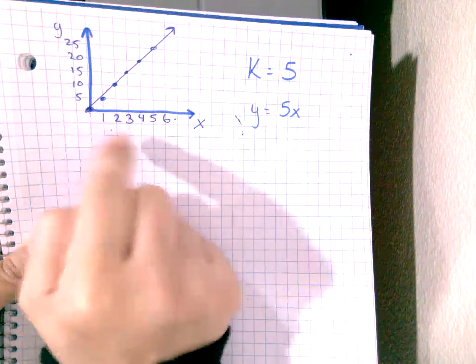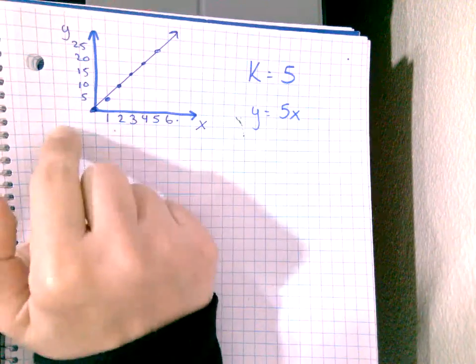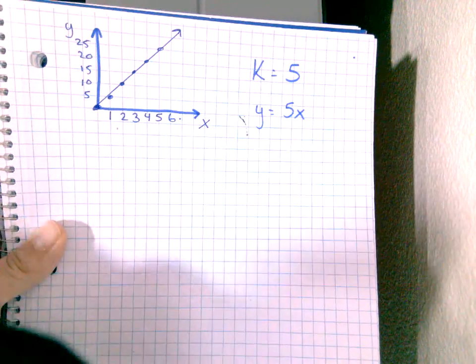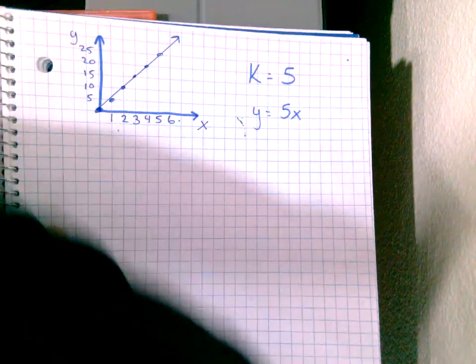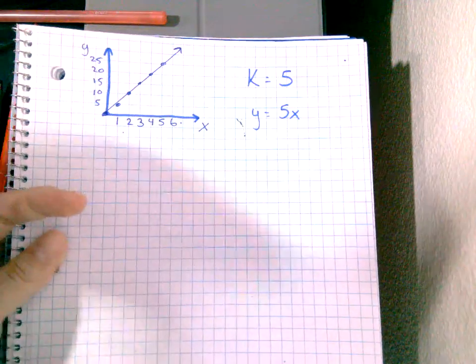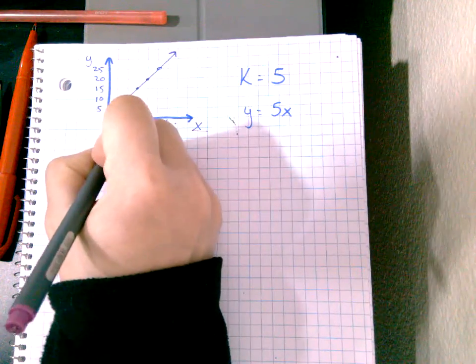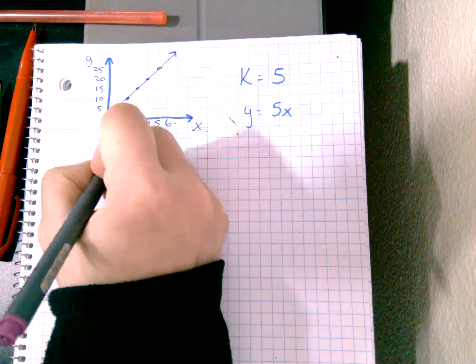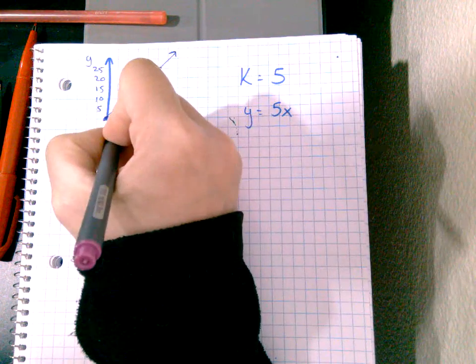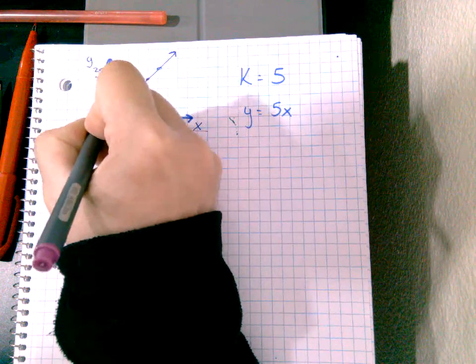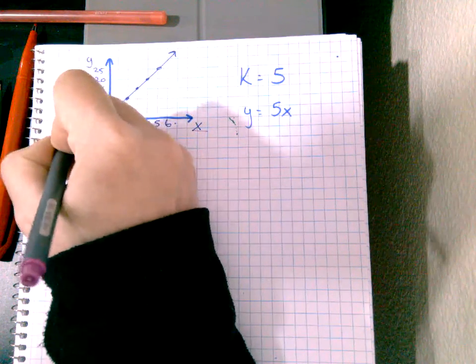But most importantly, here's what you need to look for. Always. You need to look for when x is 1, it's your superstar. You're going to go up to where the dot is, then you're going to go over, and that's your k.